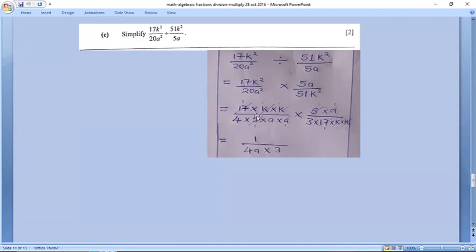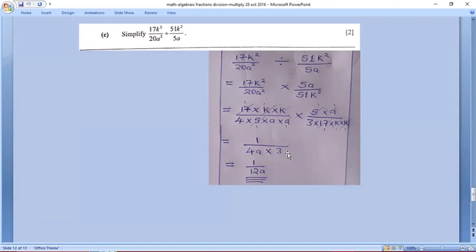On top we have ones, and 1 times 1 times 1 times 1 times 1 is still 1. At the bottom, we have 4 times a times 3, which is 4a times 3, giving 12a. So the answer is 1 over 12a.